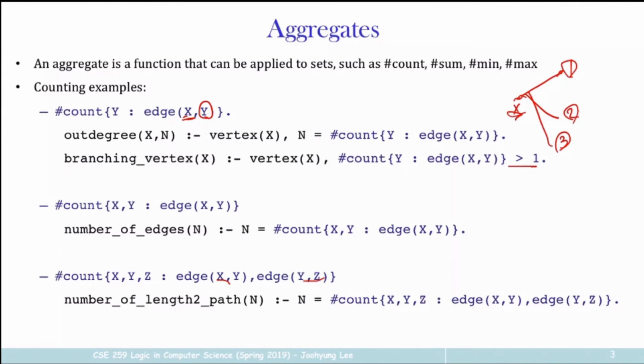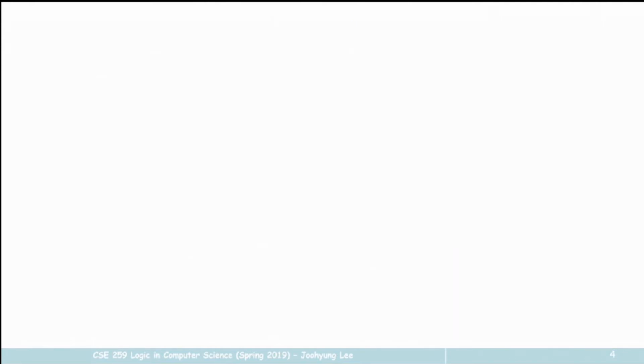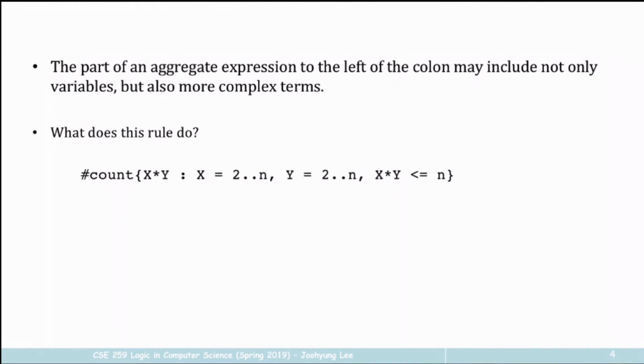So you can do a lot of interesting counting about the graph using these. Now, as we just saw, when you have the left side of the column, there may be more complex terms there. So here is an example. Okay, so let's pause.